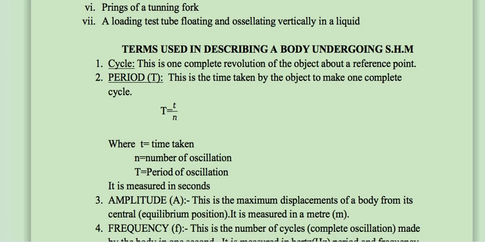It is represented by a capital letter T, and the formula is T equals t over n, where small t is the time taken, n is the number of oscillations, and capital T is the period of oscillation.